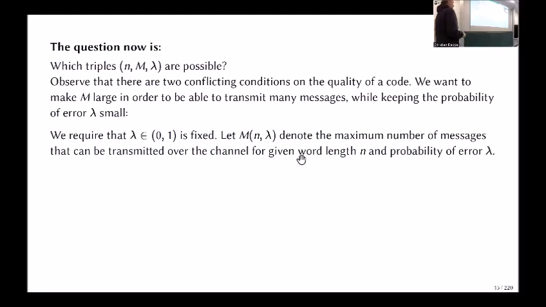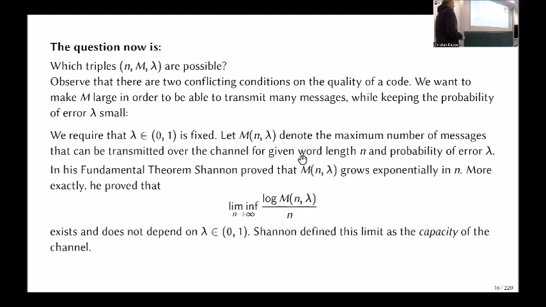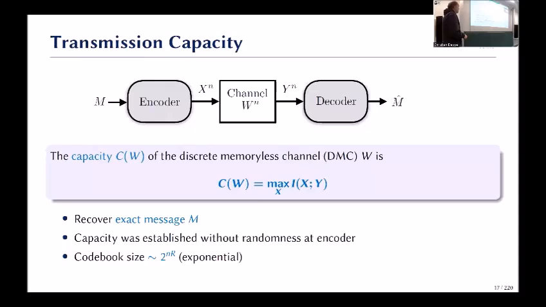And in his fundamental theorem, Shannon proved that M(n, lambda) grows exponentially in n, and moreover, he proved that this limit, the limit of n to infinity of the logarithm of M(n, lambda) over n, exists and does not depend on lambda. So Shannon defines this limit as the capacity of the channel. So you see it here again.